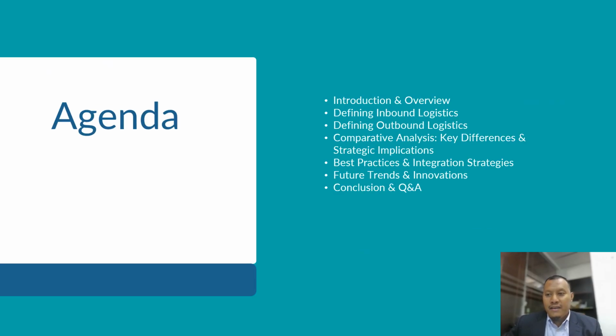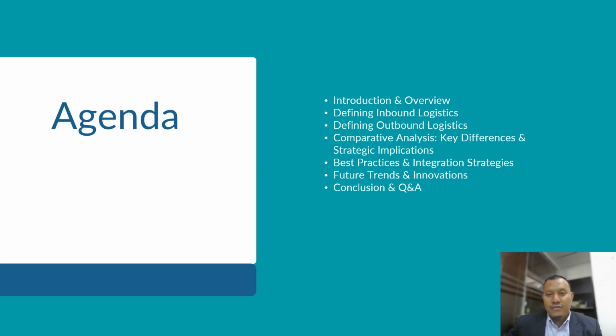For the agenda for today, we're going to talk about introduction and overview. We have to understand the importance and the overview of this topic. Then we're going to talk about the definition of inbound logistics as well as outbound logistics.